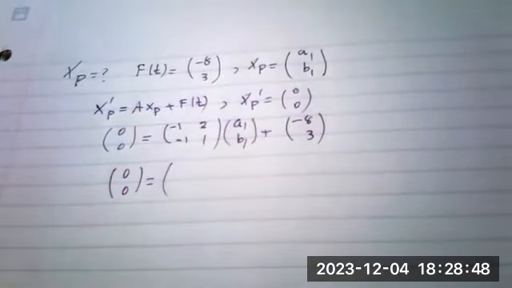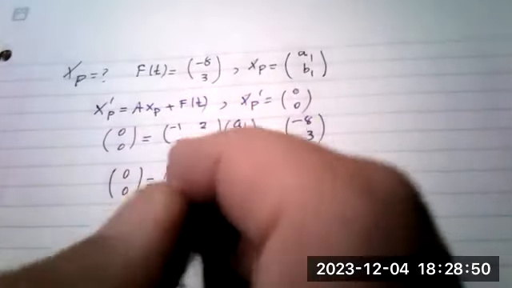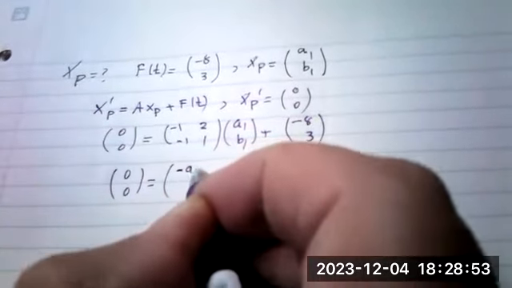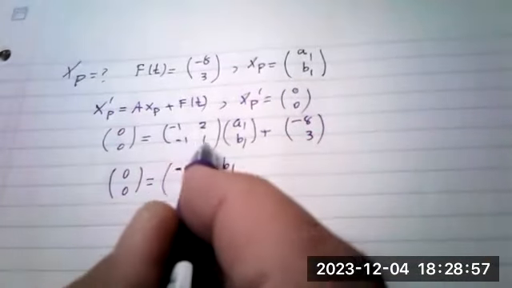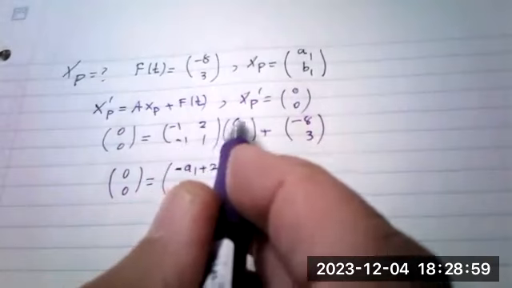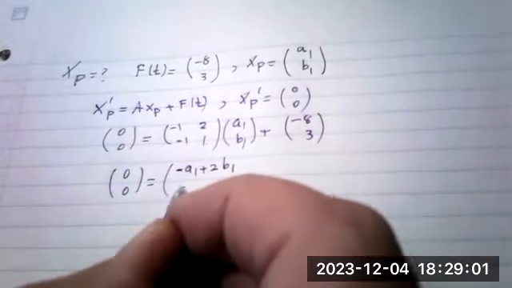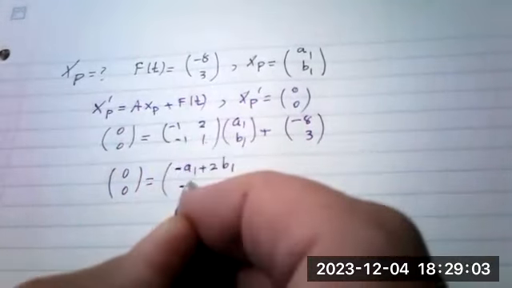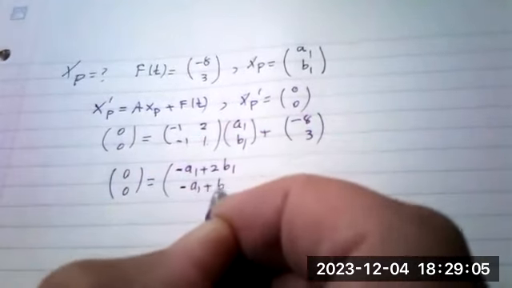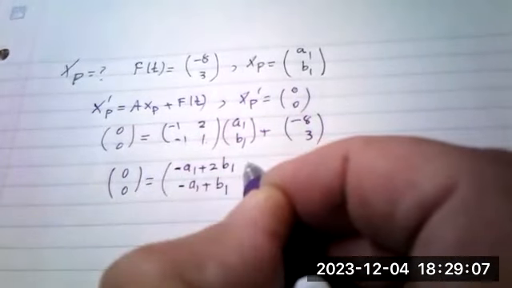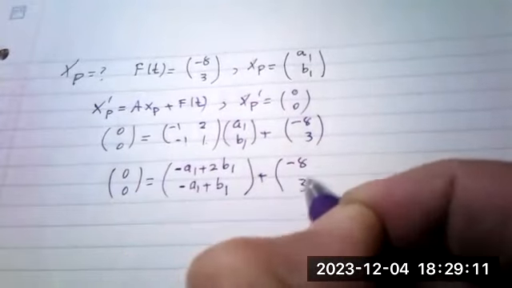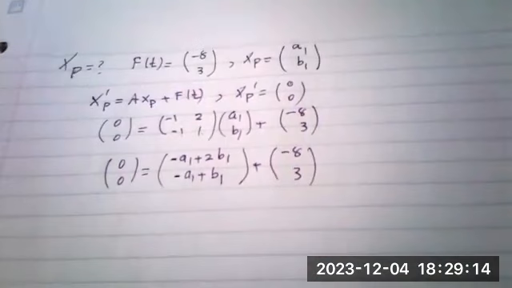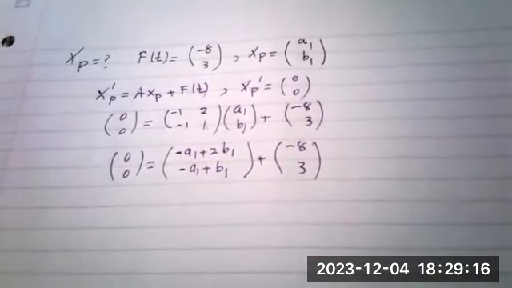You multiply these two, so that gives you -A1 plus 2B1 on the first entry. And the second one, multiply -1, 1 by A1, B1. It's a kind of dot product, so that gives you -A1 plus B1. And then plus -8 and 3. I just multiplied the first two matrices.